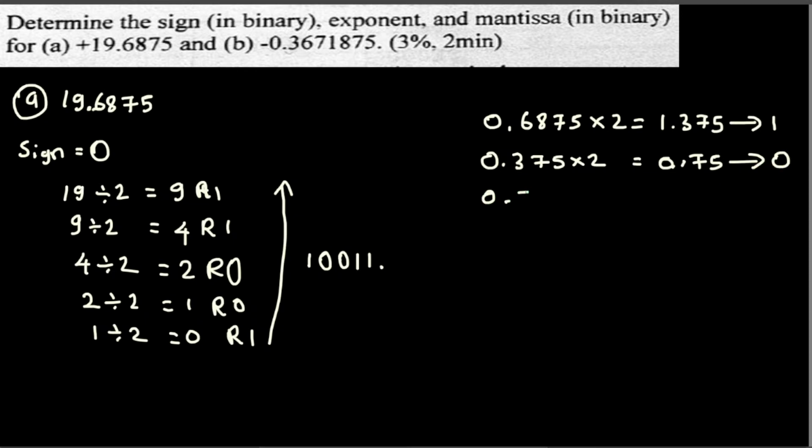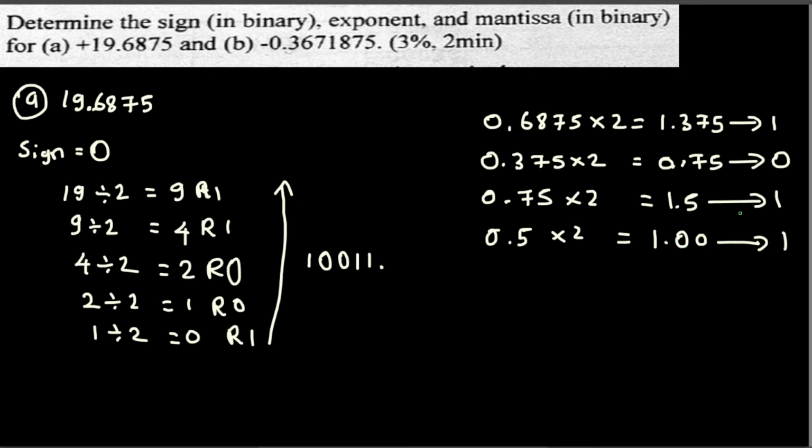Then 0.75 multiplied by 2 is 1.5, with 1 in front, and the value after the decimal point is 0.5. Then 0.5 times 2 is 1.0, with 1 in front. Once we get 1.0, we stop right there and read this. So the fractional equivalent is 1011. Now the question is asking for the exponent.